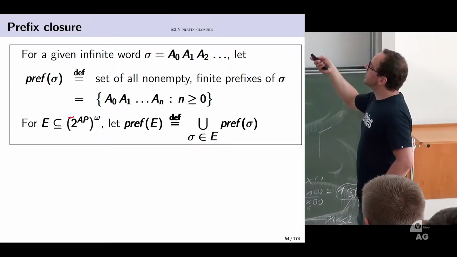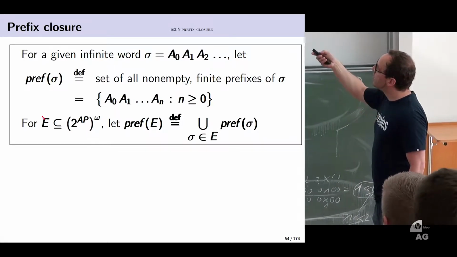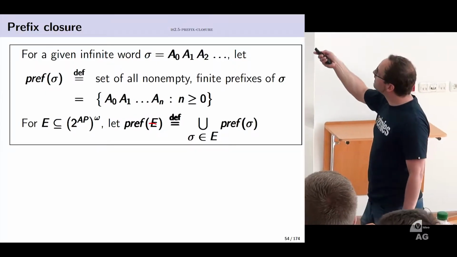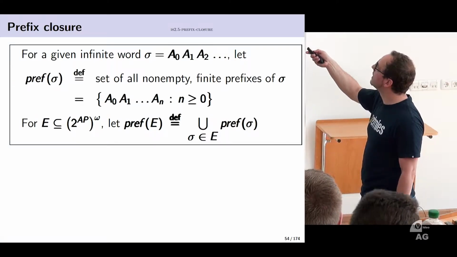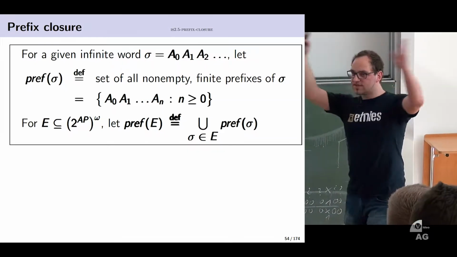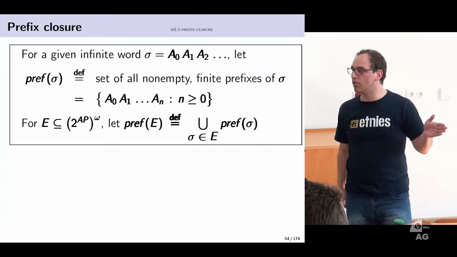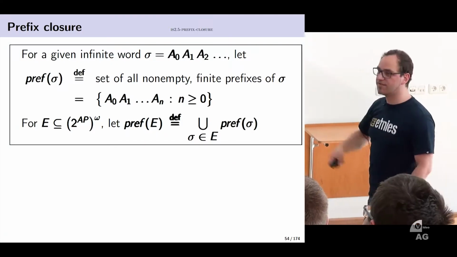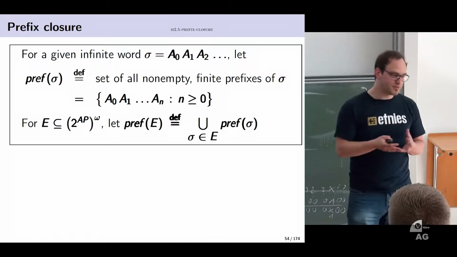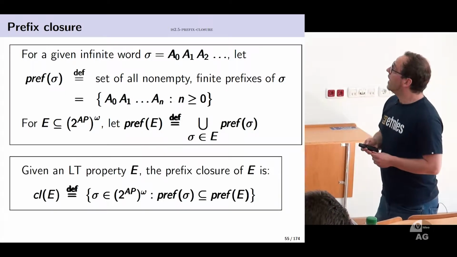Then you lift this: we don't only look at the prefixes of infinite words, but at a set of infinite words, and define pref of this set, of this linear time property, if you will, as the union of all prefixes of the contained words. So you take your set of infinite words E, take every individual word, chop it off at every point in time, and obtain all the prefixes allowed by the property. So pref of E says what are the prefixes that are allowed by the property.